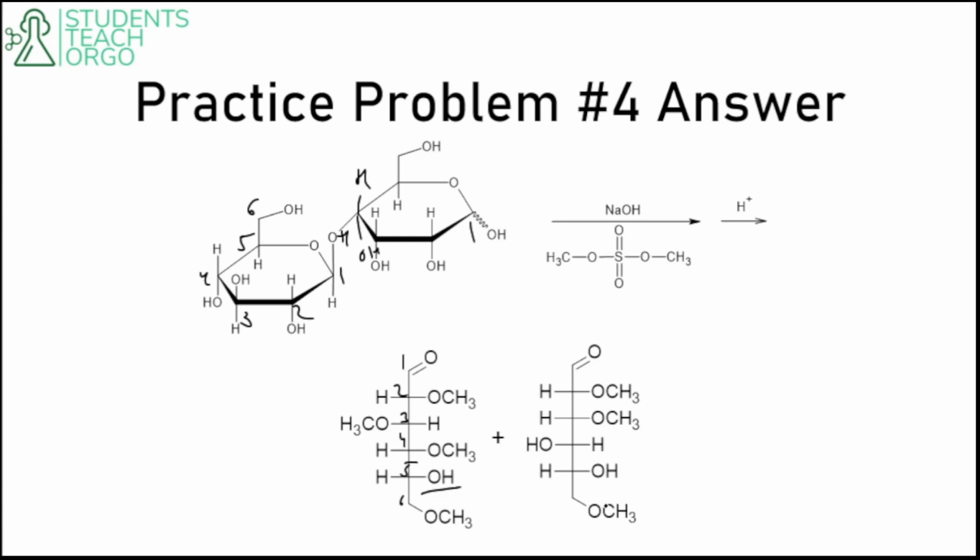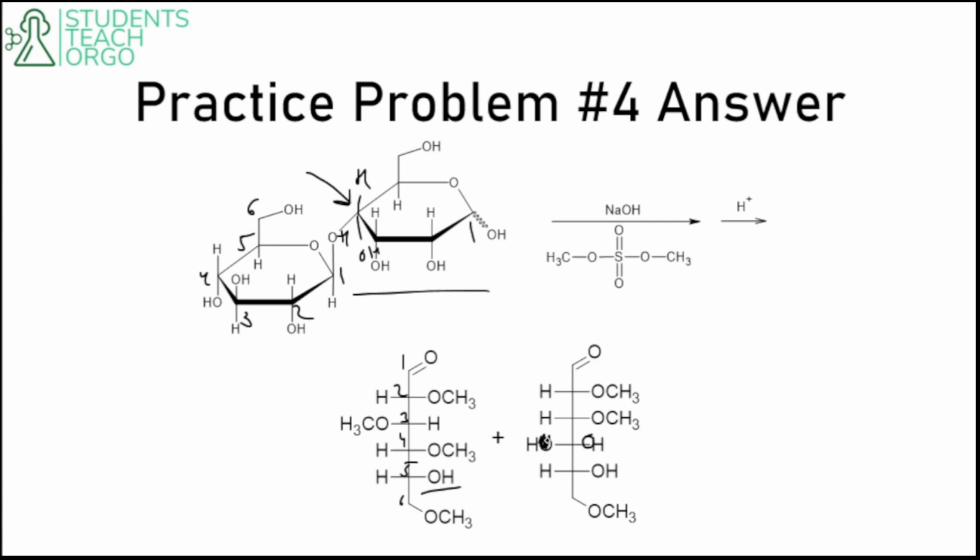So that is the point I was trying to make in the previous video. Every other OH is going to be methylated except the one that is used to form this hemiacetal. And in the second sugar, that one is also not going to be methylated. However, you're going to have one more OH that's not methylated, and it's the one at position number 4. So this actually is an error.